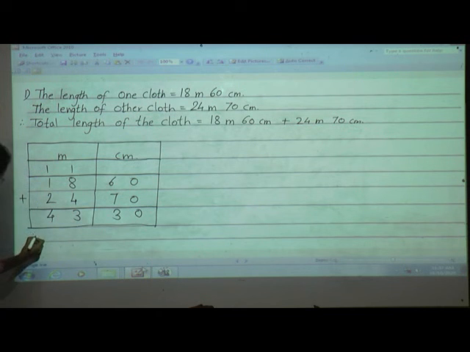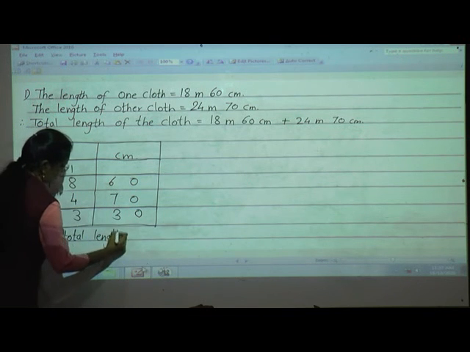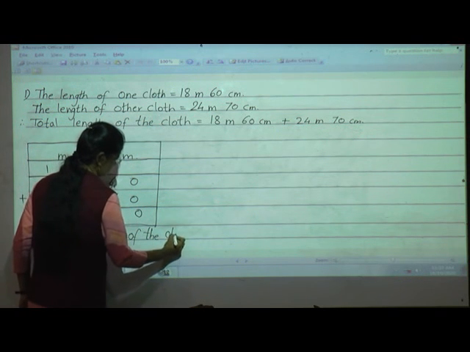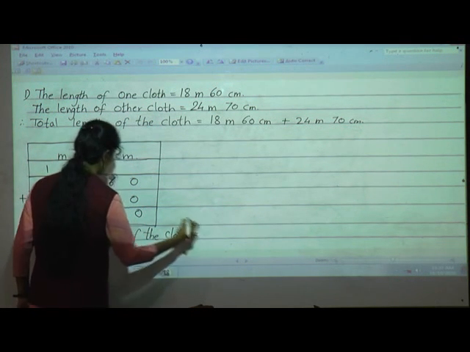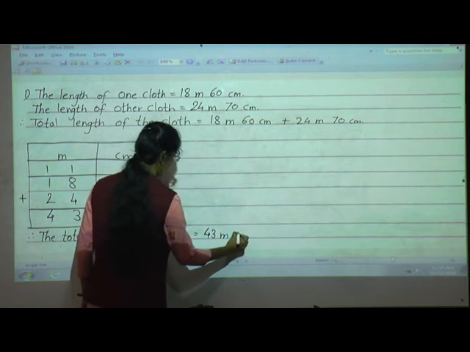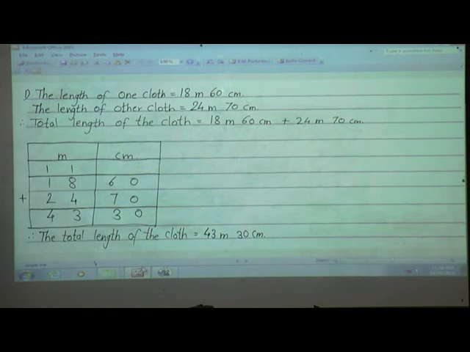So here we will write, the total length of the cloth is equal to 43 meter and 30 centimeter. Understood? What was given to us?